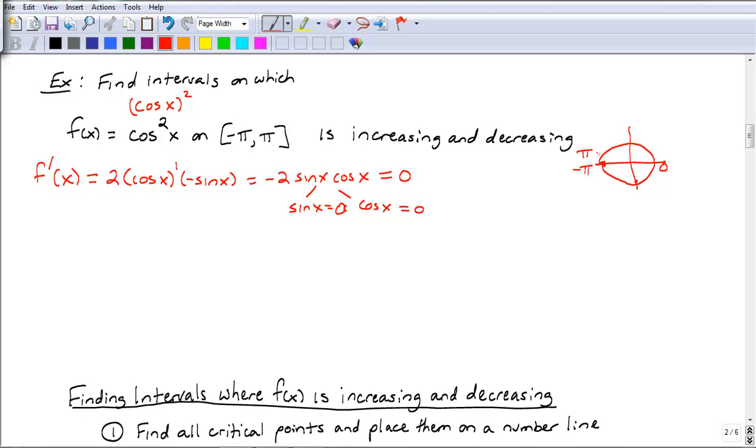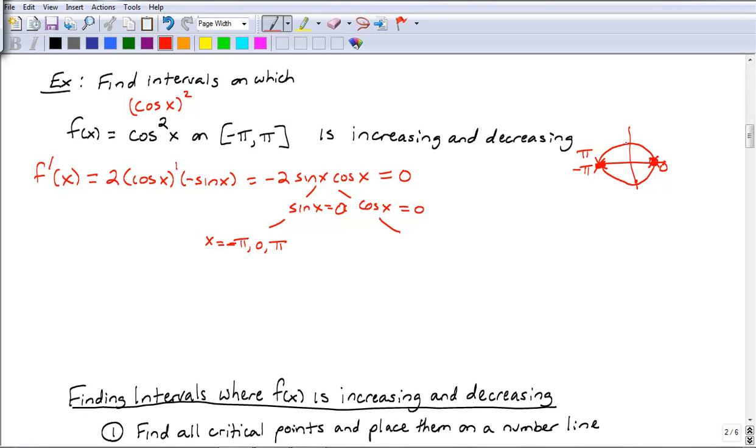So where's the sine of x 0? The sine of x is like the y, so the sine of x is 0 here and here. That's negative pi and 0 and pi. So this happens at negative pi, 0, and pi.